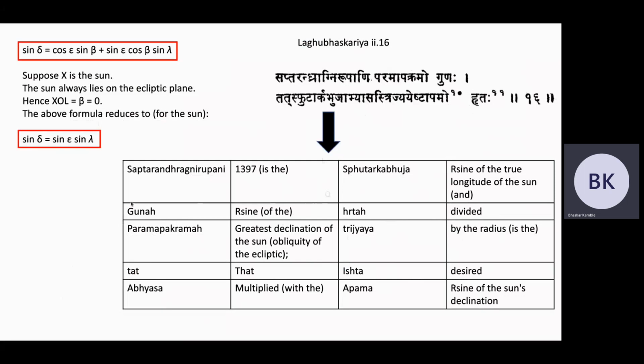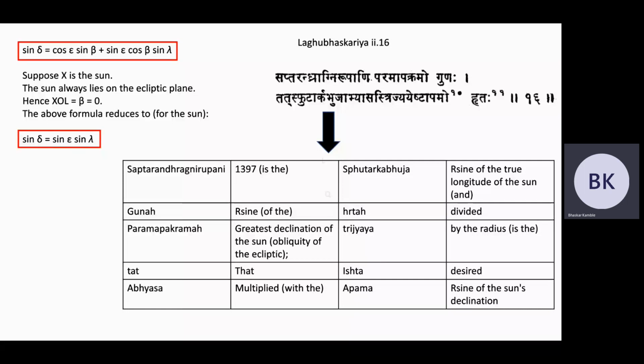Trijya is known as the radius in Hindu astronomy, and it has a very interesting origin. Why does the word Trijya mean the radius? Jya is the Sanskrit word for sine, the sinus function of modern trigonometry. Actually they used to take as R sine, not sine but the radius times the sine. So Jya means the radius times the modern sine, and Tri means 3. 3 what? 3 zodiacal signs.